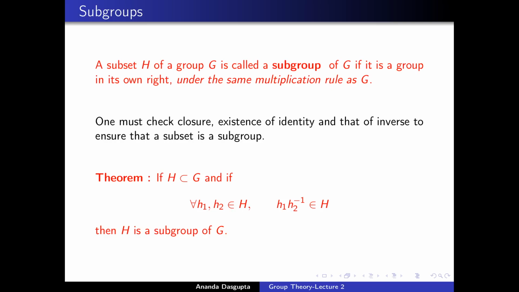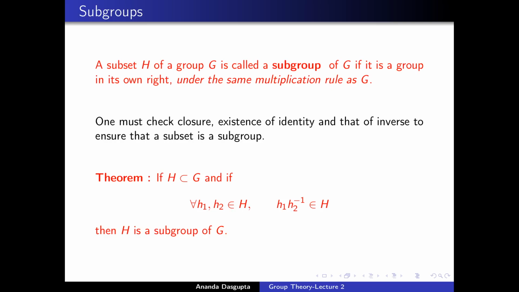Note that at this stage, when we are using this theorem, we do not at all know whether H is a subgroup. So when we calculate this element H1 H2 inverse, the inverse is being calculated using the standard inverse identification in the group G. So H2 inverse is an inverse of the element H2 in the original group, and we are multiplying it from the left by H1, which is also an element of the original group.